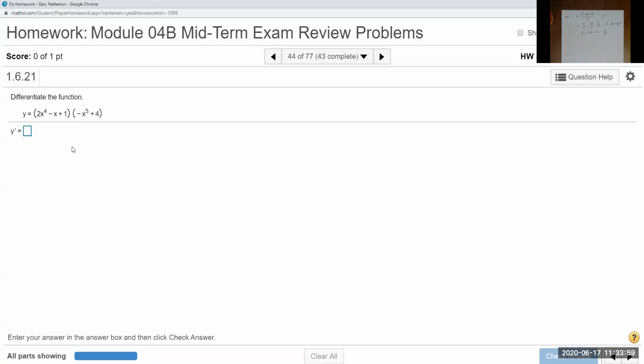Problem 44, let me write this one down, then we'll talk about it, work through it. So y equals, in parentheses, 2x to the fourth minus x plus 1, and then negative x to the fifth plus 4.